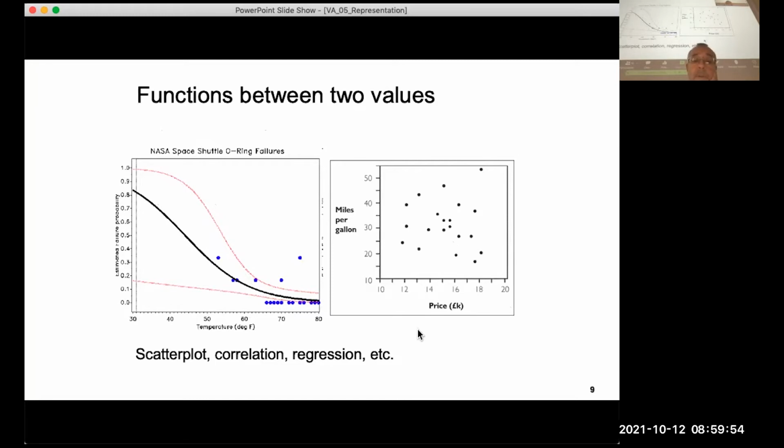A scatter plot is very good for looking at correlation, regression, or whatever. For instance, this scatter plot provides us with the insight that basically there is no correlation between price and miles per gallon. You see, low price corresponds to high and a little consumption. There is no visual connection.